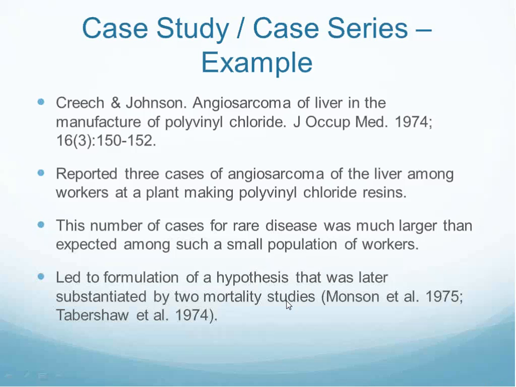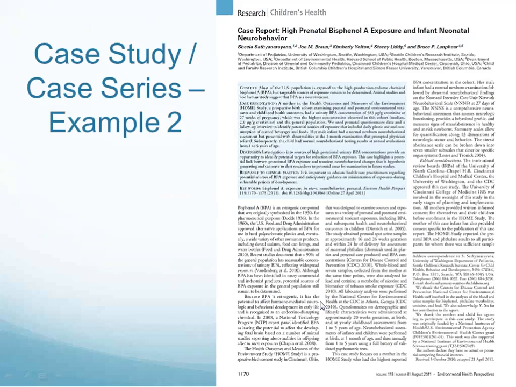Like I said, there are many examples out there in the medical journals of case studies. One that I thought was fairly unique, and a more contemporary example, was in Environmental Health Perspectives a couple of years ago. This was a little bit different because it was nested within an ongoing epidemiology study.